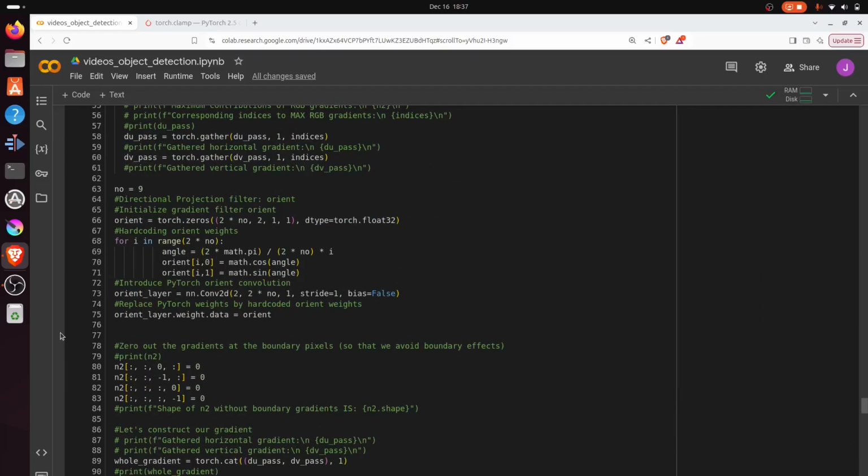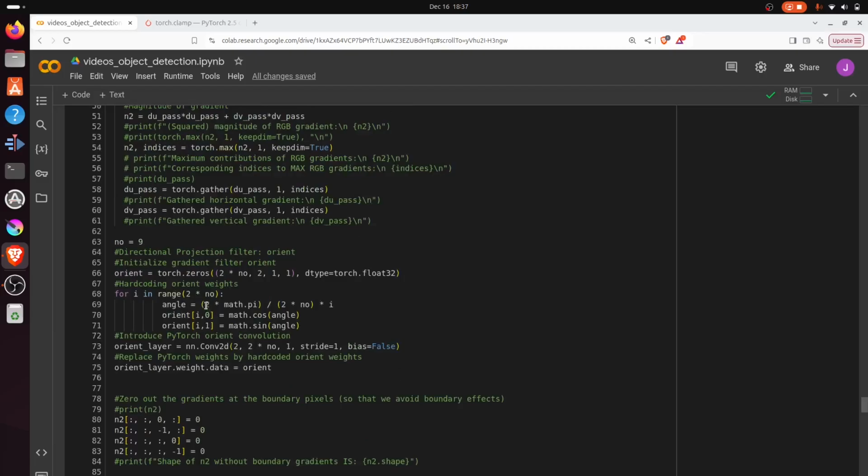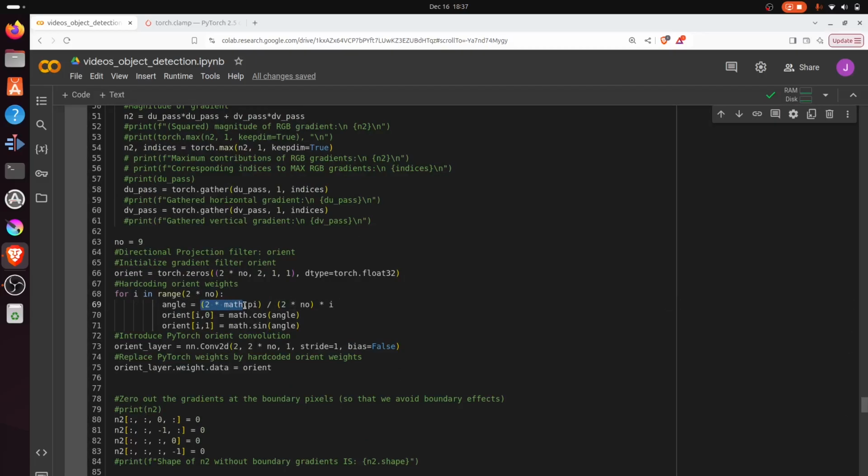Let's have a look. Here in oriented gradients, we computed the angle by the following formula. We took the whole circumference, and we divided it by the number of orientations. So in here, to get the bin, this factor is going to be inversed.